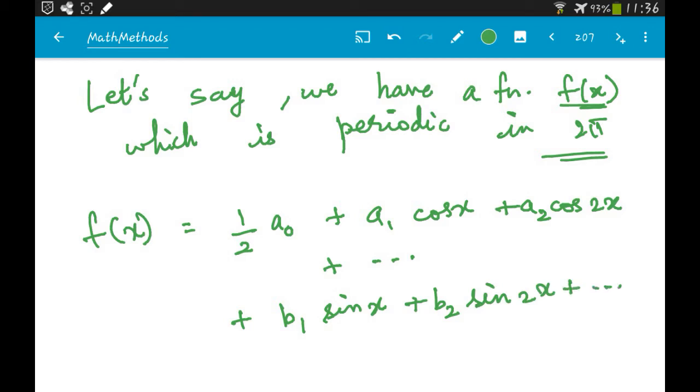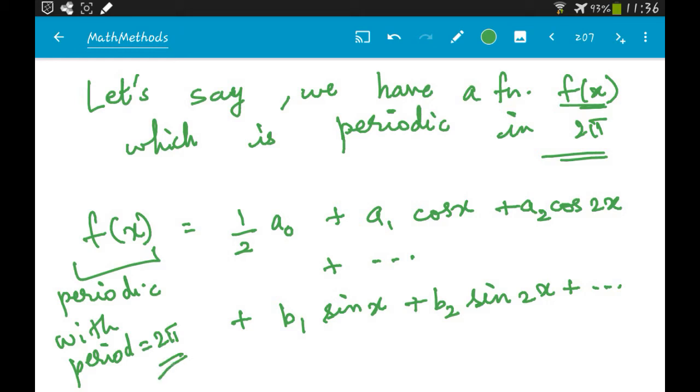Okay, this function is periodic with period 2 pi. So any periodic function with period 2 pi can be represented in this manner. Now this is cos 1x, right?